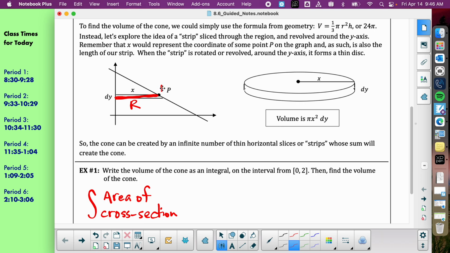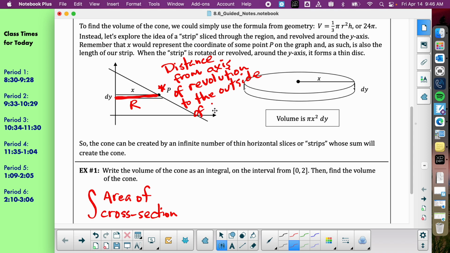If you would like me to write a note on here, big R will always be the distance from the axis of revolution to the outside of the object.